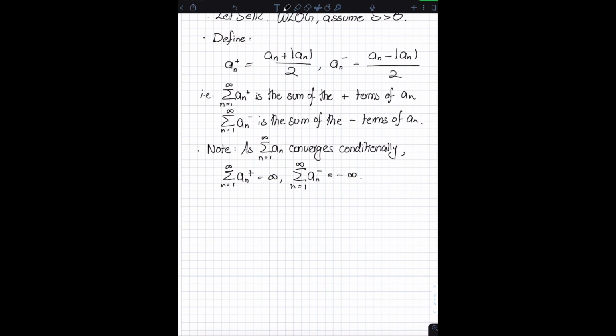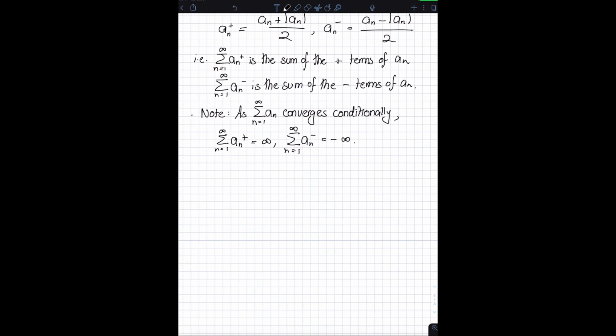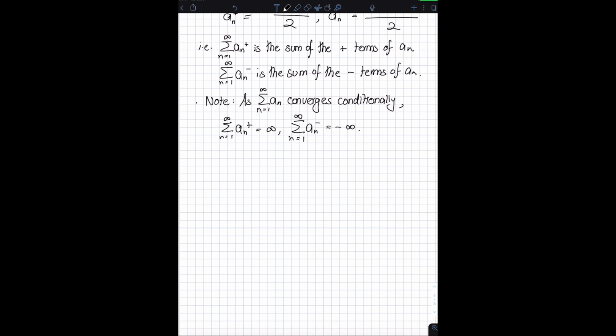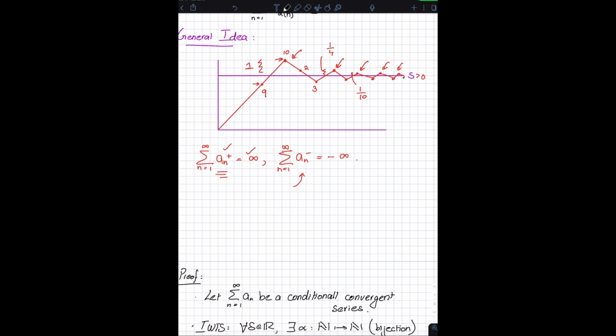In other words, the sum of all the positive terms is infinity, whereas the sum of all the negative terms is negative infinity. And this is going to become important in a minute. Now, this is where the actual proof begins. This is where the idea of the proof that I just showed you is going to come in.